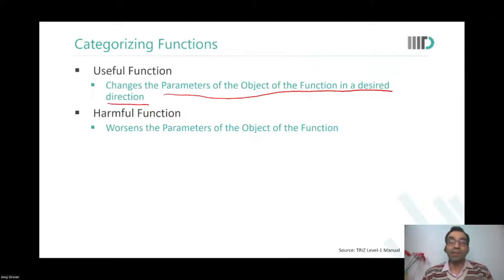Now, there could be other parameters or other components in the super system or in the system which could lead to worsening the parameters of the object of the function. Those functions are called harmful functions. For example, we could say that Blinkit has some harmful function for the local vendors here.